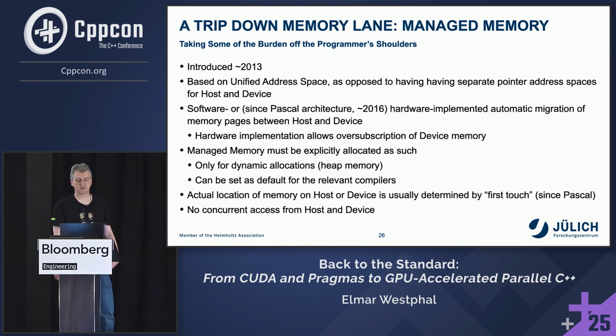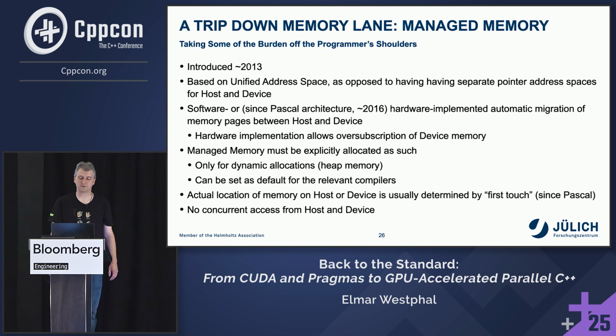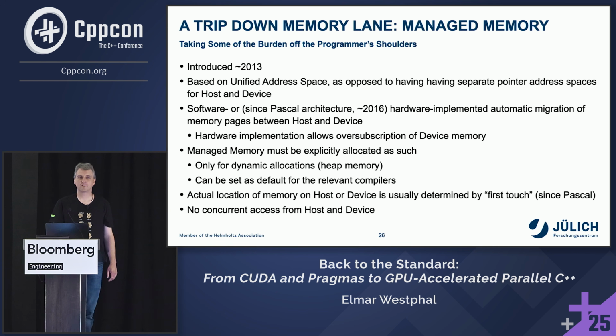You have to explicitly allocate managed memory, and it only works for dynamic allocations on the heap. Your usual stack allocated variable will not be allocated in managed memory. And where the memory is actually allocated is often decided by the first touch rule.